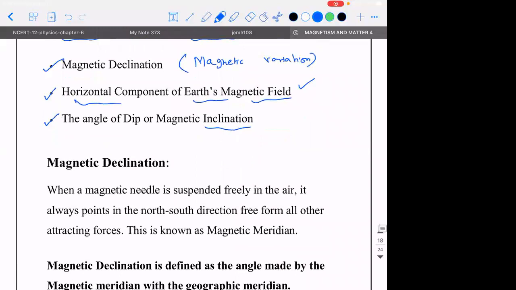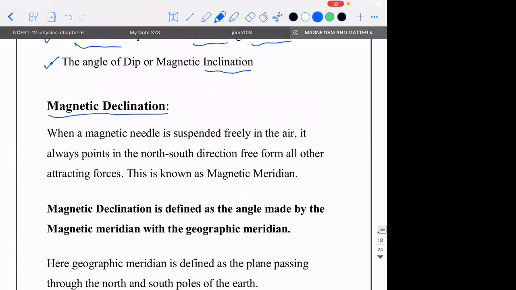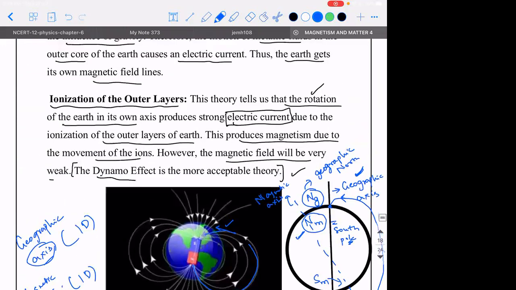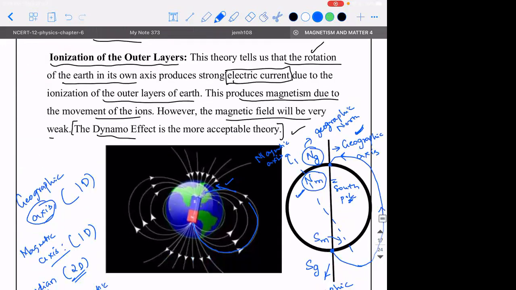So first, let's see what magnetic declination means. One thing that is fixed is the geographic axis. The geographic north and the geographic south are fixed, and the axis is going to be fixed. But what keeps changing at different locations, depending on which part of the Earth you're standing, is the magnetic axis.